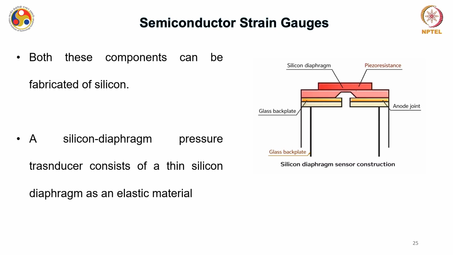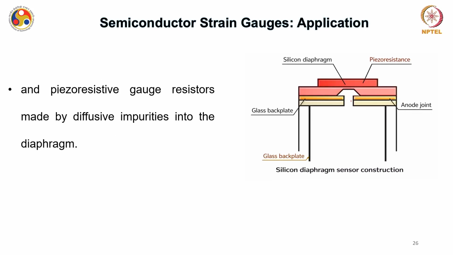This is a typical example of a silicon diaphragm pressure transducer, made by back etching a silicon substrate. The piezoresistive gauge resistors, made by diffusing impurities, are also made on the same diaphragm, at the two sides, to measure the applied pressure.